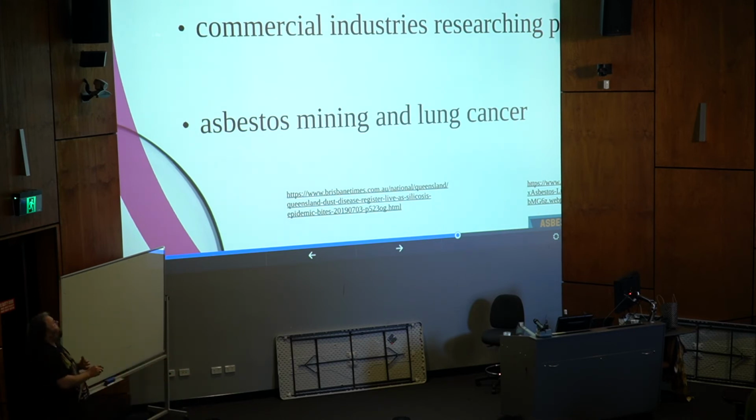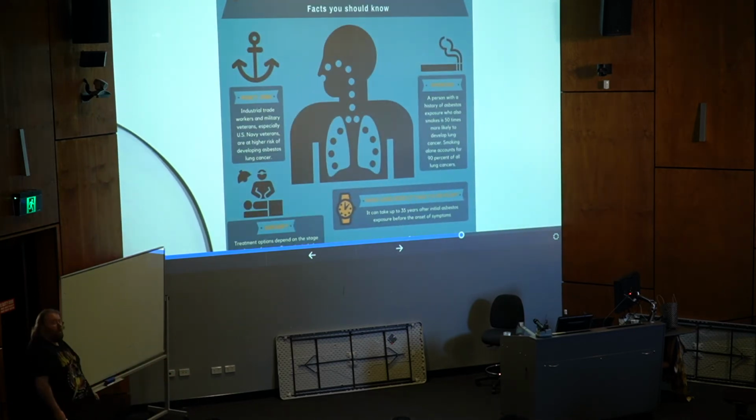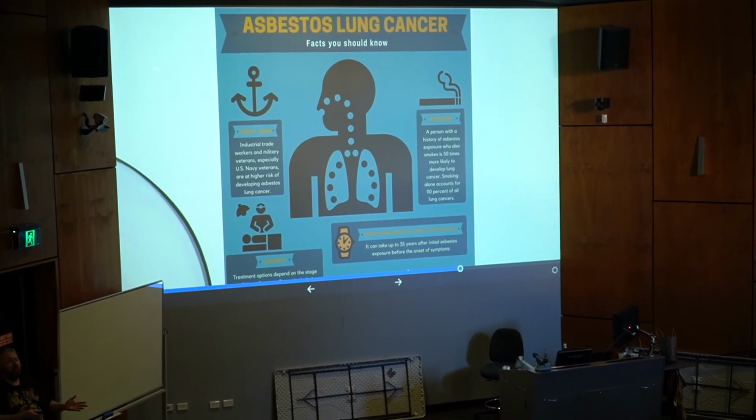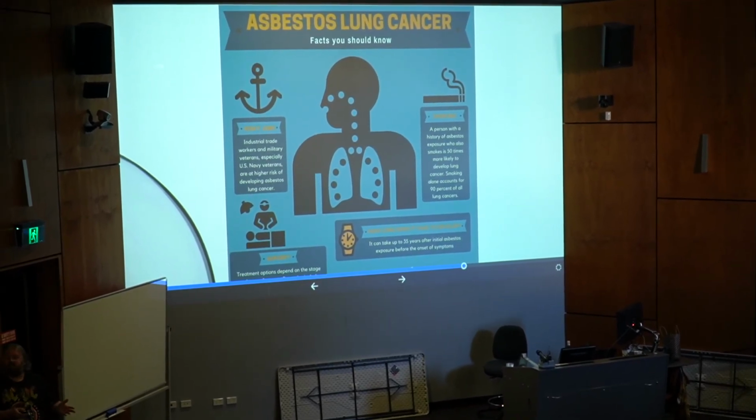Now, asbestos mining and lung cancer. Australia used to be, I think, one of the biggest exporters of asbestos. If you live in a really old fibro home, you're probably living with some asbestos. It's not dangerous unless you try and move it, because it doesn't catch fire.